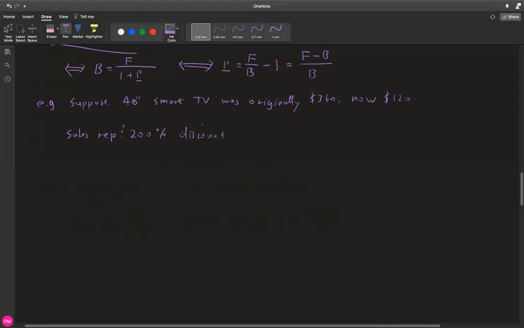Let's say that's what the sales representative claimed. And their logic is because $360 is a 200% increase from $120. Does that make sense? Or is the sales representative claiming the true statement? Is it true or false?